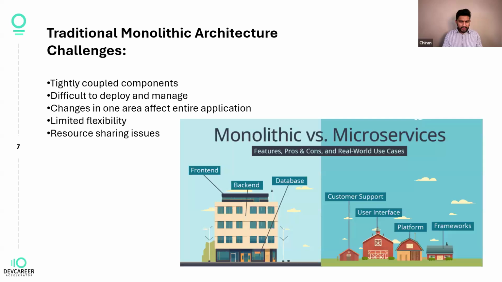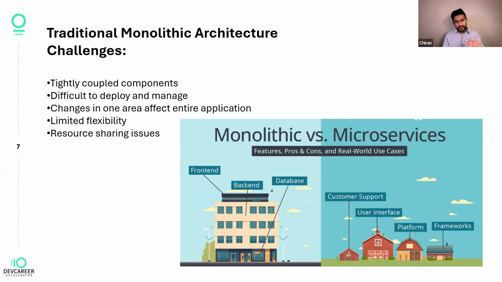After that, we'll go to the traditional monolithic architecture. If you have heard about it, fine; if you haven't, that's fine. Even I used to think monolithic architecture is your whole code in one application or one artifact, your WAR file or a zip file. That's what it used to be in the early 2000s, but then they separated out the UI part, the business part and the database part, but it was still called a monolithic architecture because they were tightly coupled to each other.